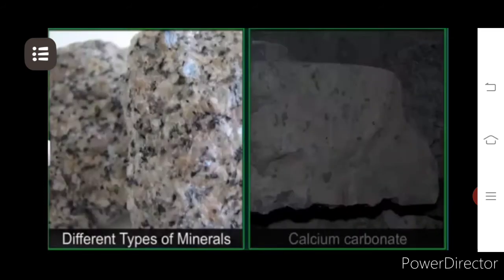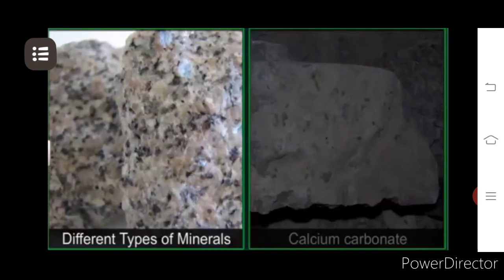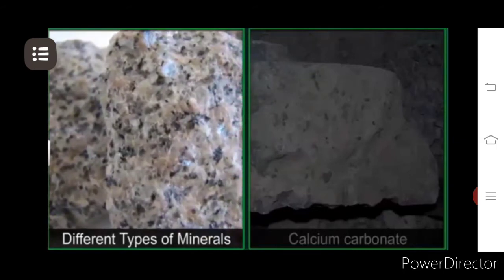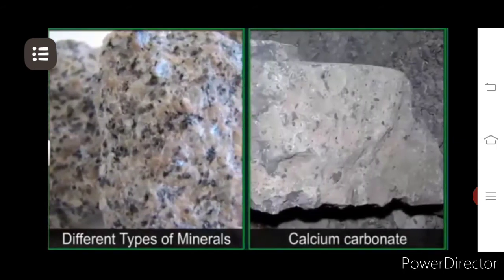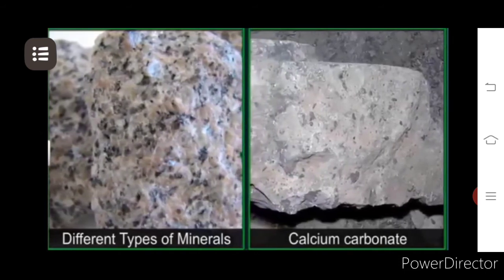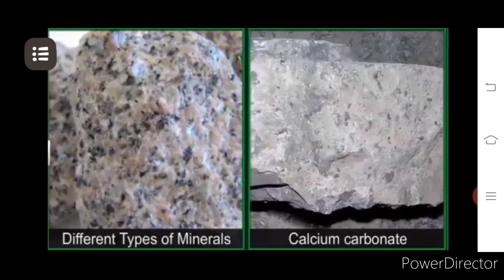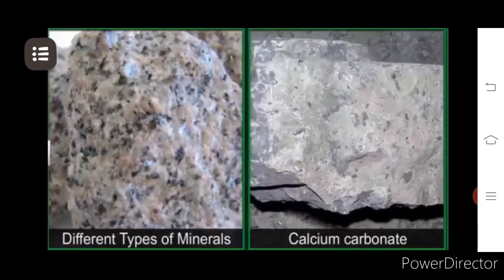If you pick up a piece of rock, chances are that it contains several different types of minerals. However, some rocks, like blocks of limestone, are made entirely of a single mineral called calcium carbonate.